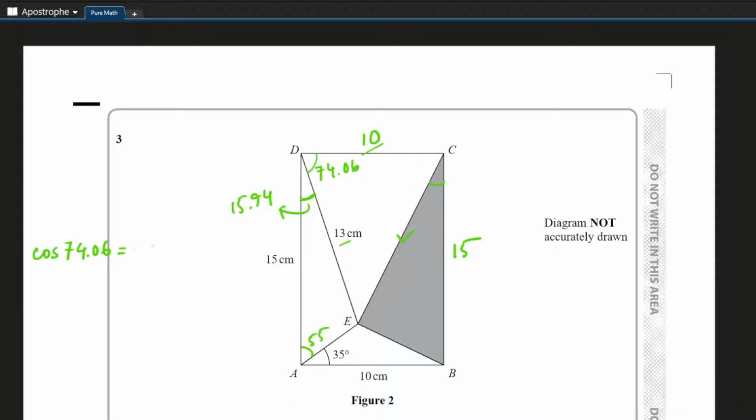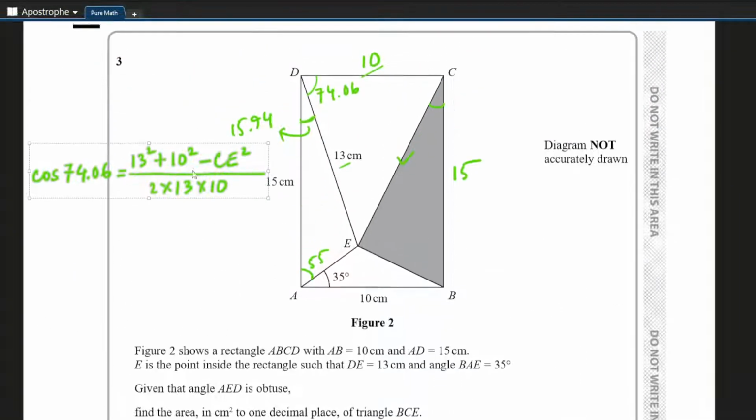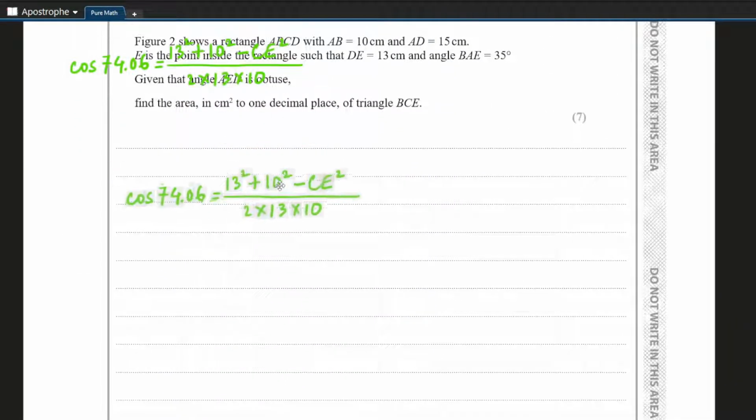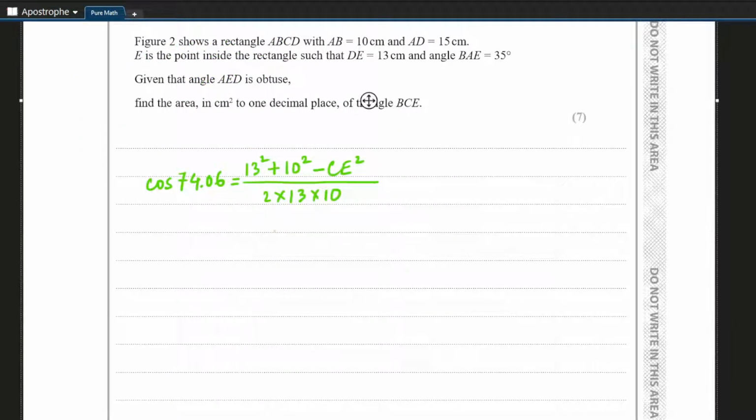So we can now apply the cosine rule, which is cos 74.06 is equal to 13 squared plus 10 squared minus CE squared over 2 into 13 into 10. This will give us the value of CE. Give me a moment to calculate.